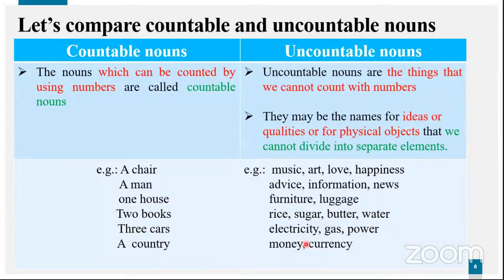But uncountable nouns, we can't separate them, right? We can't separate water. We can't cut water into pieces, right? We can't separate sugar. Even though there are tiny parts in sugar, we can't separate it, right?